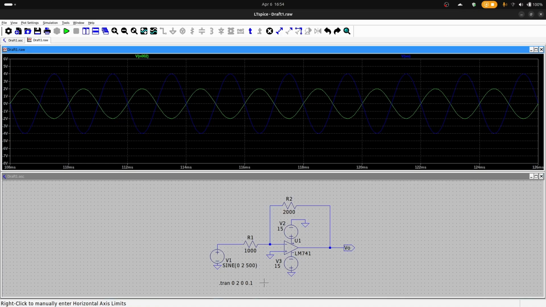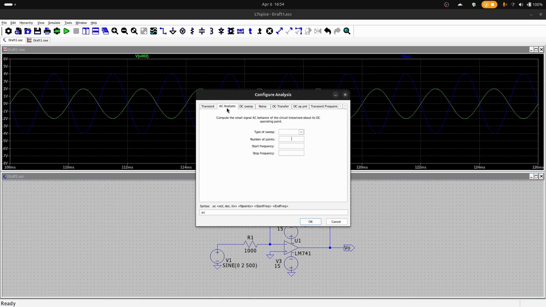To do the AC analysis, we remove this transient analysis statement and add an AC analysis statement. Basically, in AC analysis we plot the gain versus frequency graph. At low frequencies, the gain remains constant and matching our calculated value. But beyond a certain frequency, the gain starts to drop.